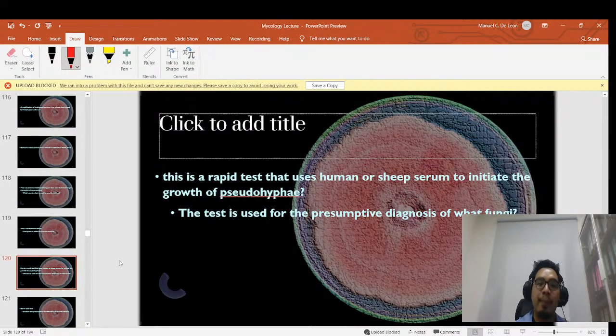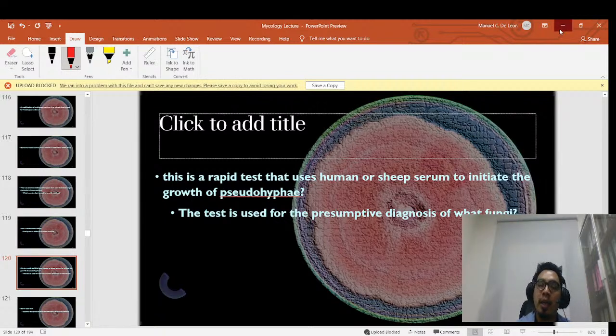This is a rapid test that uses human or sheep serum to initiate the growth of pseudohyphae. Anybody knows the answer to this one? I think it was done in my third year class with a sample that came from a vaginal swab, normal flora.